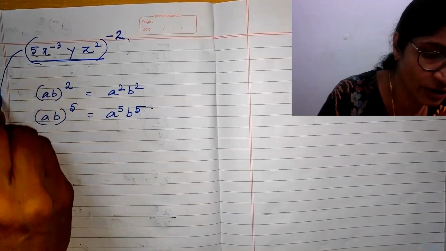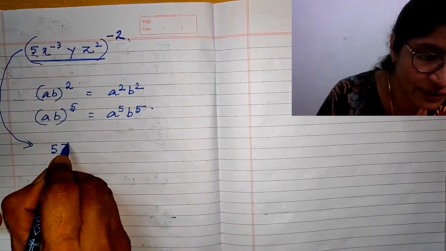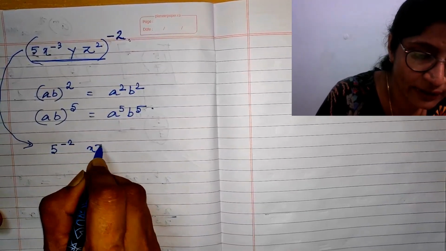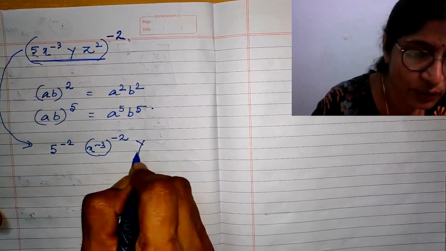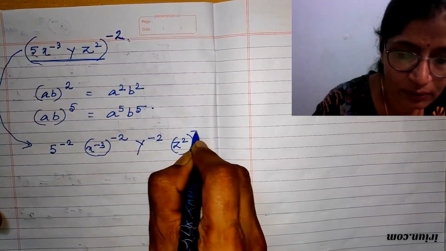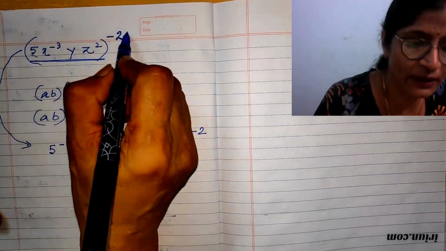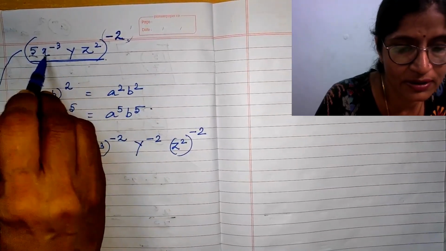So in the same way, for this sum, 5 to the power minus 2, x to the power minus 3 to the power minus 2, and y to the power minus 2, as well as z square whole to the power minus 2. So this minus 2, I'll give the power this minus 2 for all these bases.